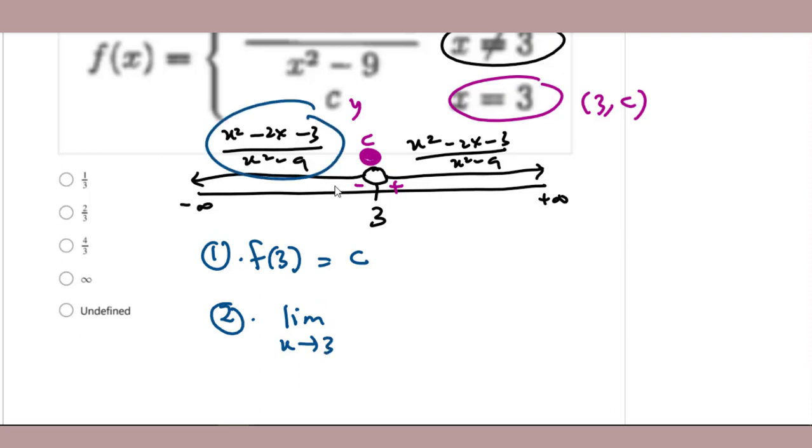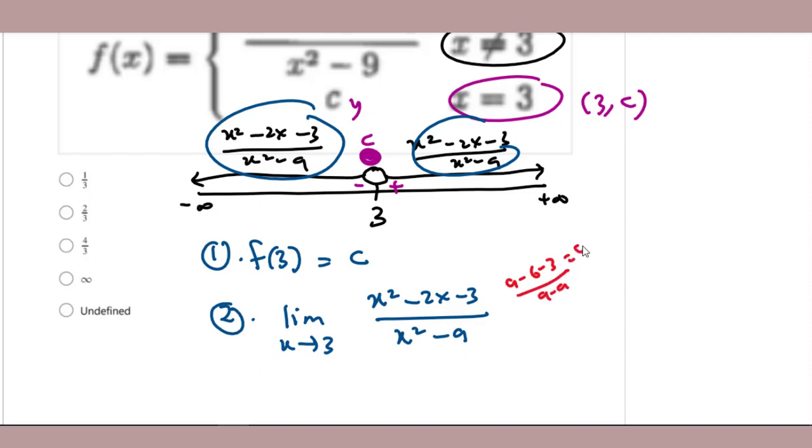Since this function on the left and this function on the right are equal, you just write x approaches 3. x squared minus 2x minus 3 over x squared minus 9. You don't have to take from left or from right because of this one same function. Substitute, 9 minus 6 minus 3, direct substitute. 9 minus 9 is equal to 0 over 0. This is considered indeterminate form.